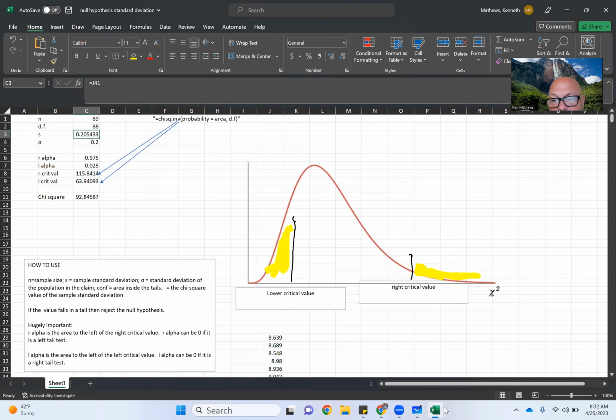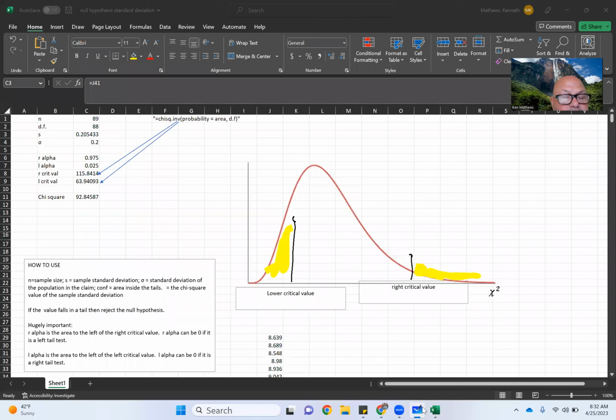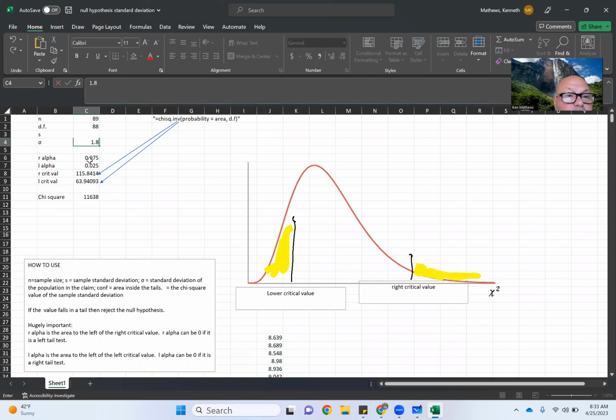Our standard deviation of the sample was 2.3, and the standard deviation of the population is 1.8. Now, right alpha, what's going to be the area to the left of the right partition? It's going to be 0.99. What's going to be the area to the left of the left partition? Well, there is no left partition because it's only a right tail test, so we can put a 0 in for that.